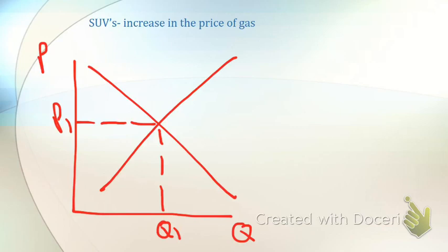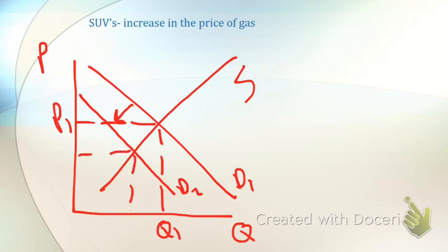What is gas to SUVs? It's a complement. So the price of a complement went up. What's that going to shift? Demand, which way? Left. So we shift demand to the left. Now our new equilibrium would be at P2 and Q2.